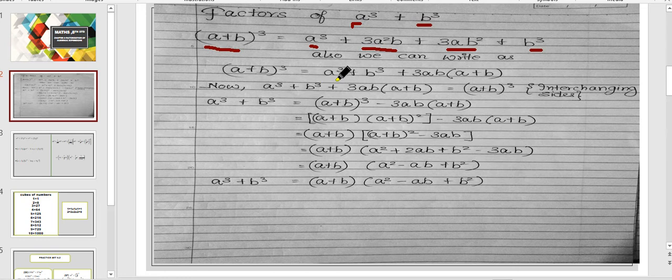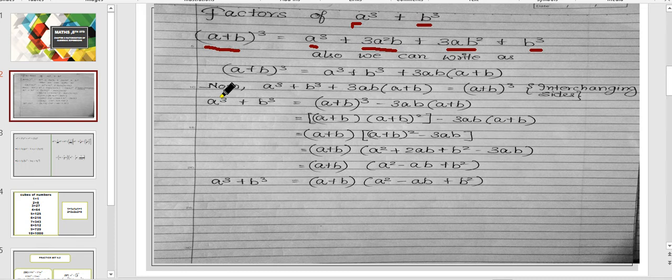How is it written here? They have taken a cube plus b cube to one side, plus 3ab in the bracket a plus b, they have taken common, and in the bracket they have put a plus b, right?